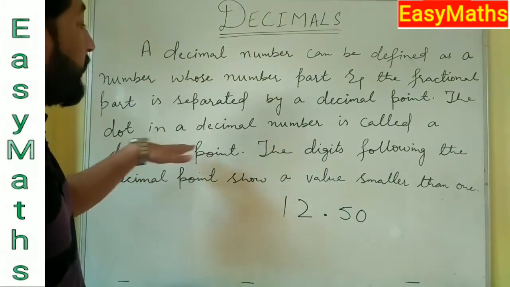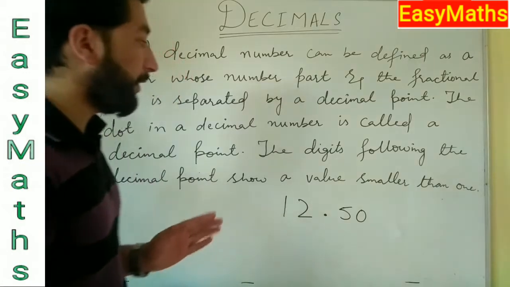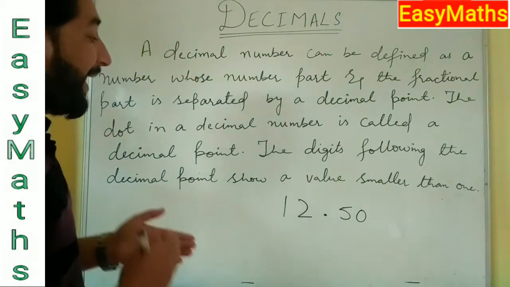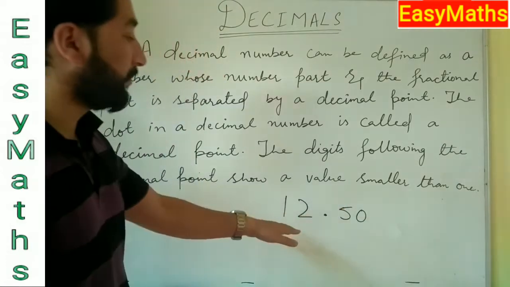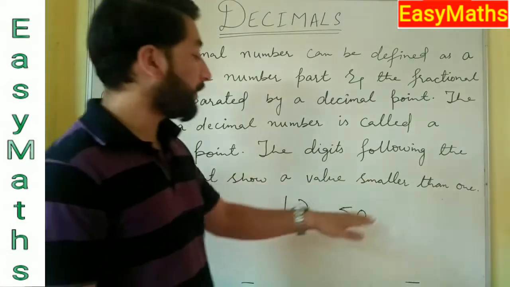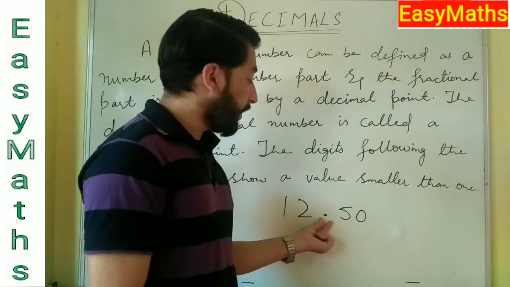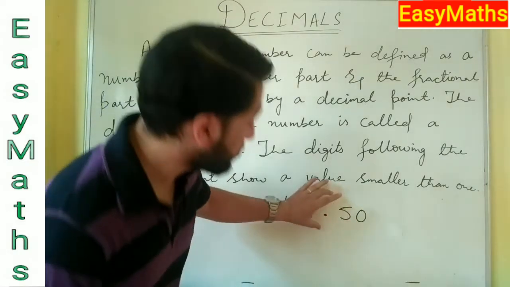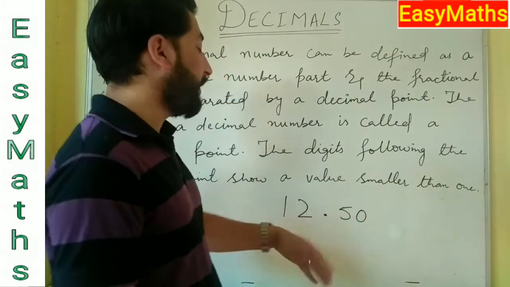The dot in a decimal number is called the decimal point, and the digits that follow the decimal point are smaller than 1. So here 12, then point, then 50, these numbers after the point are smaller than 1.